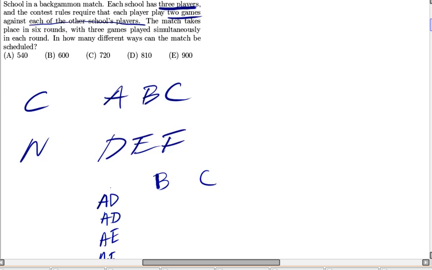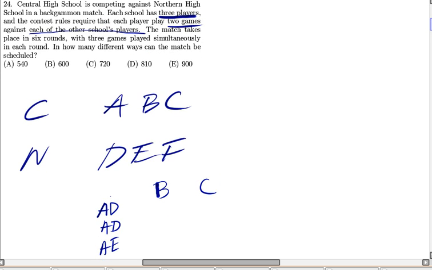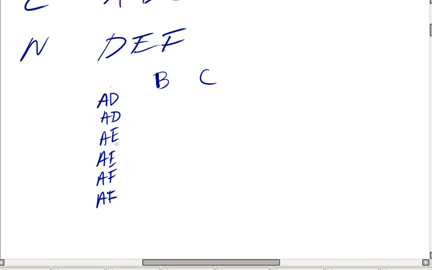So a nice way to start is, without loss of generality, just fix the order of A. Just fix D, D, E, E, F, F, and then we can permute later. The number of ways to order A's games is the number of ways to order the letters in the word D, D, E, E, F, F, which is a very common problem.